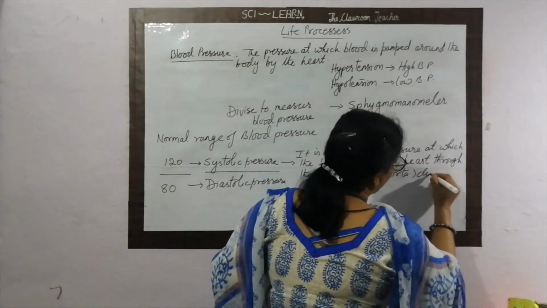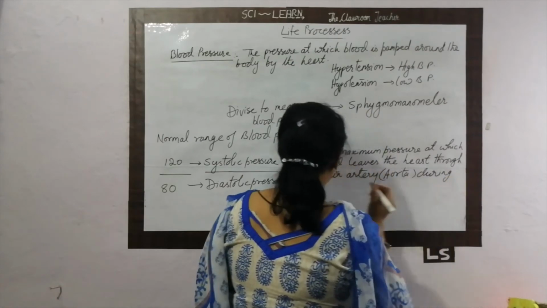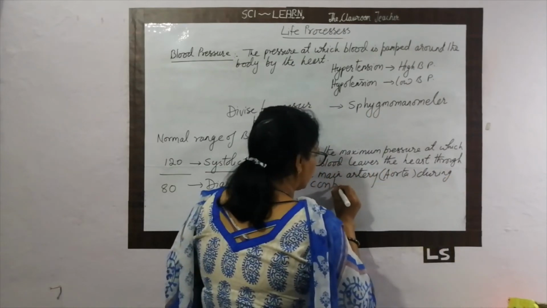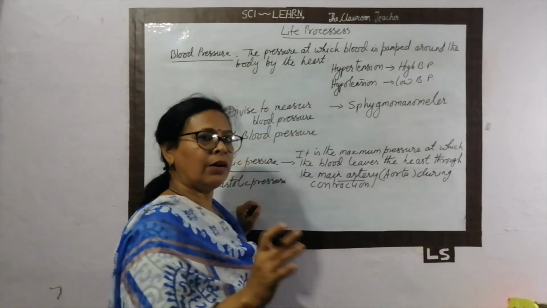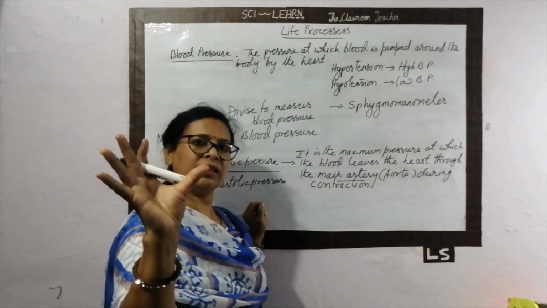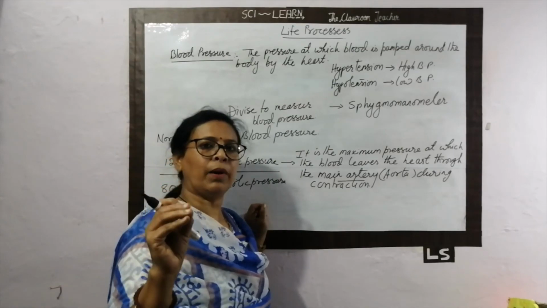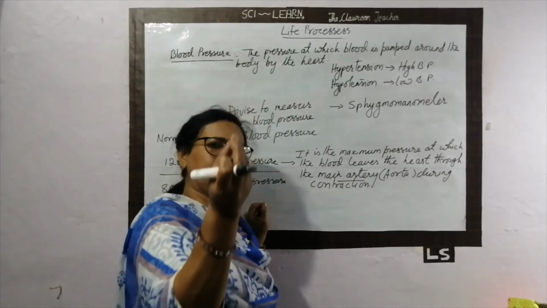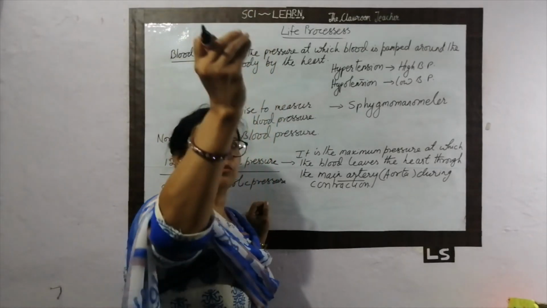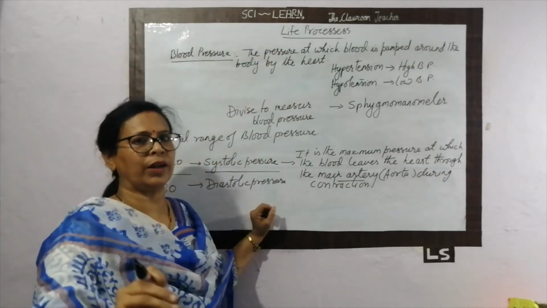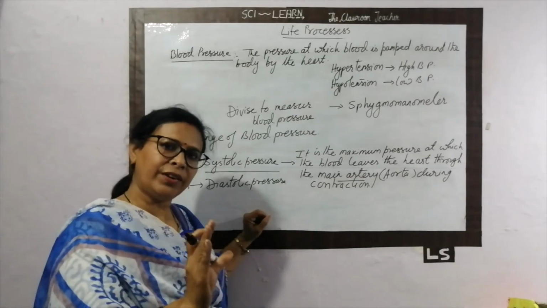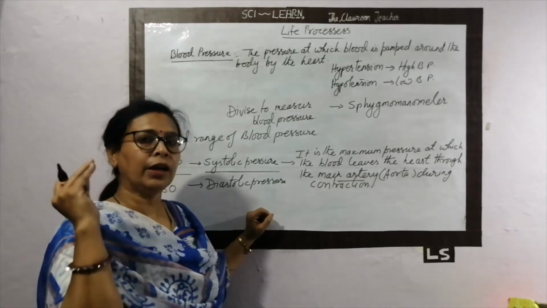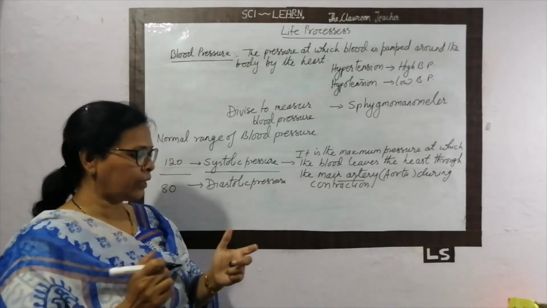When is this blood pumped? During contraction. Remember our heart structure: our ventricle contracts, and when the ventricle contracts, the blood is moved into the aorta, and the aorta distributes that blood. So the pressure generated by our left ventricle to push the blood into the aorta is called the systolic pressure.